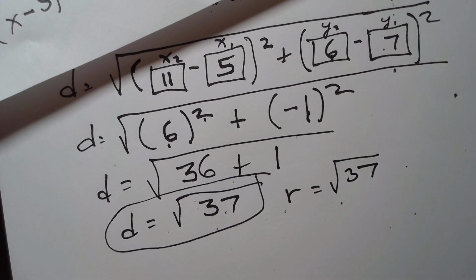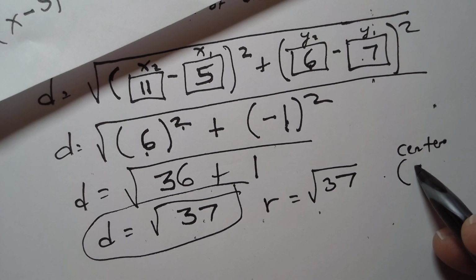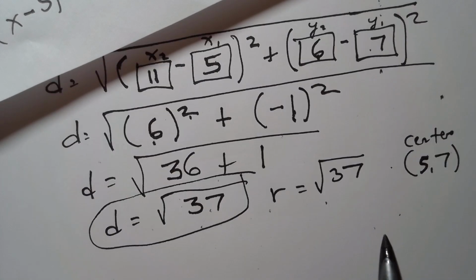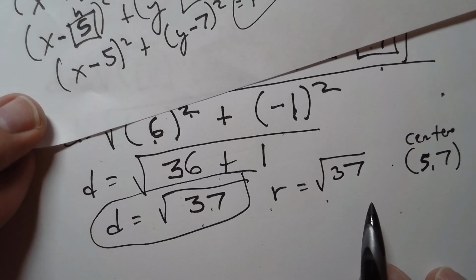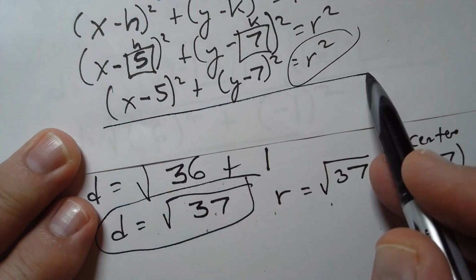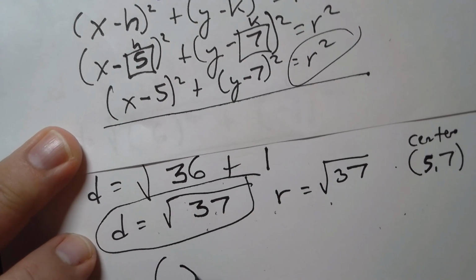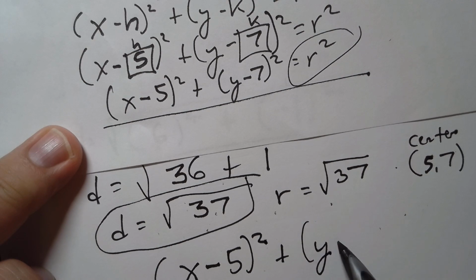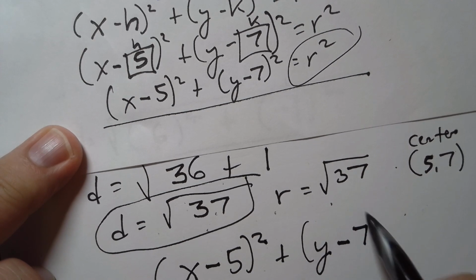Knowing all this, our center is, again, that 5 and 7, and our radius is the square root of 37, we're going to go ahead and finish writing our equation of a circle. So we had gotten to this point here, and so we have parentheses x minus 5 squared plus y minus 7 squared.